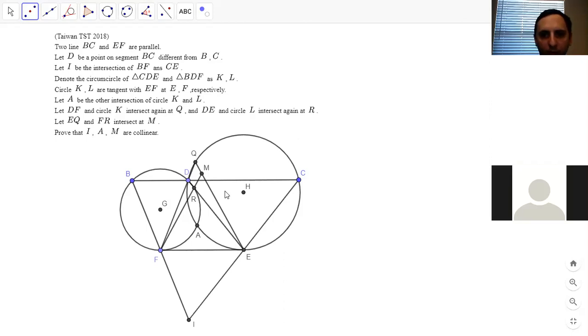So if we could show that AECQ and ACQE are the same, then we know it's harmonic.